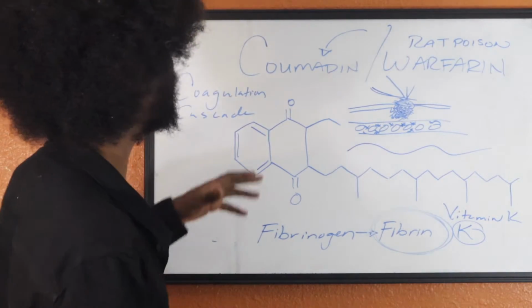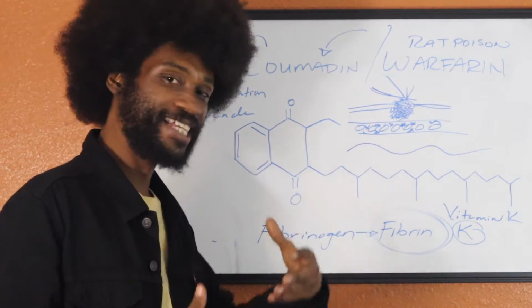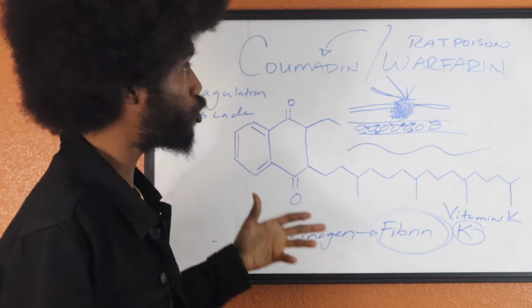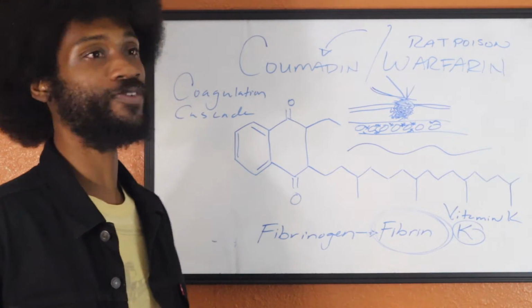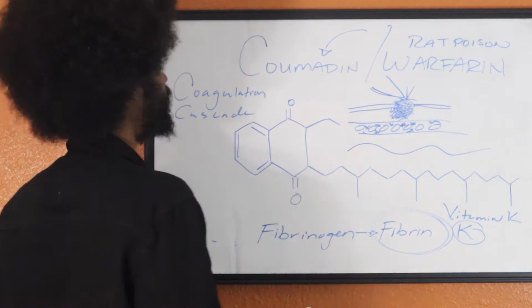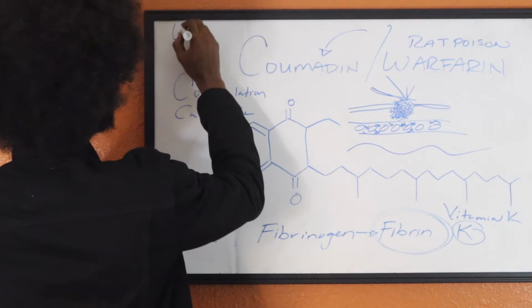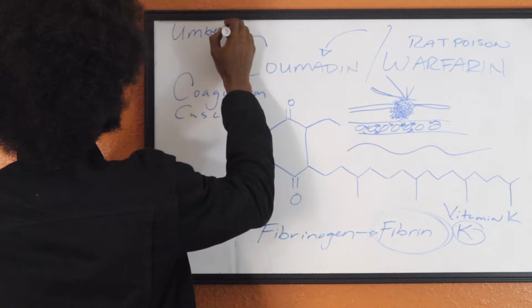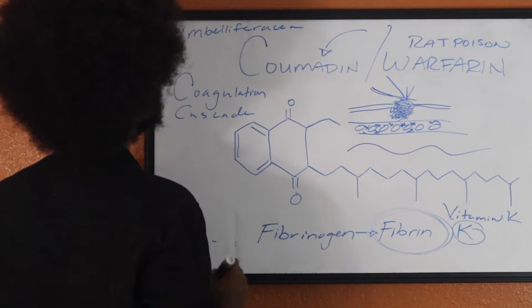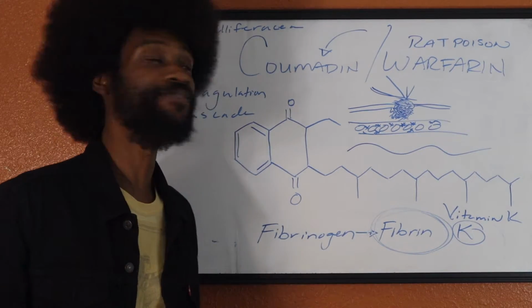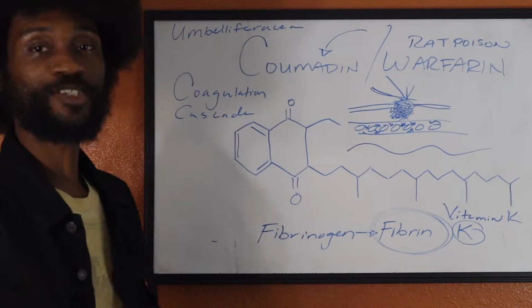So when you're dealing with clots like that, herbs that have coumarin in them are pretty much all of the Umbelliferaceae, okay? Because they look like umbrellas, even though there's no R there. That's what they're shaped like.